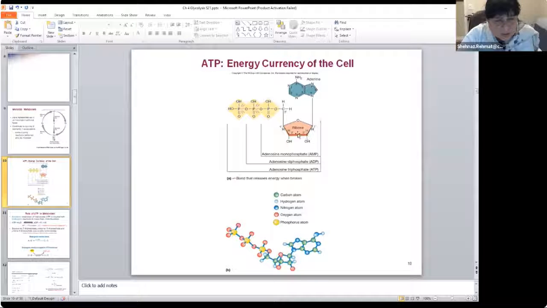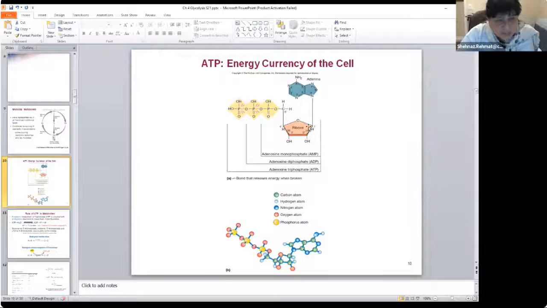We will call it a nucleoside. And when the phosphates are attached to it, we will call it a nucleotide. So ATP is a nucleotide, but adenine and ribose, this nitrogenous base and a 5-carbon sugar, ribose, compose together a nucleoside. Please remember the terminology.